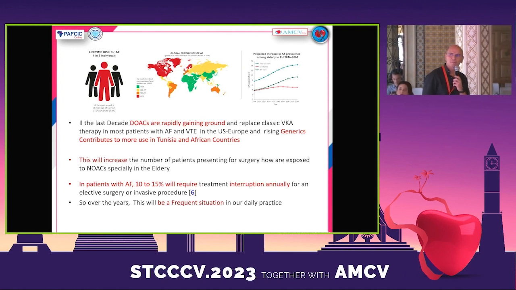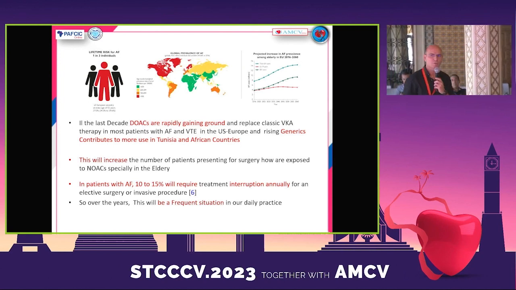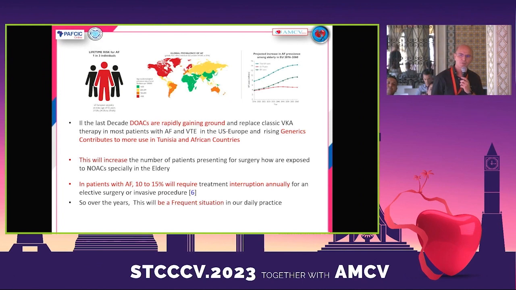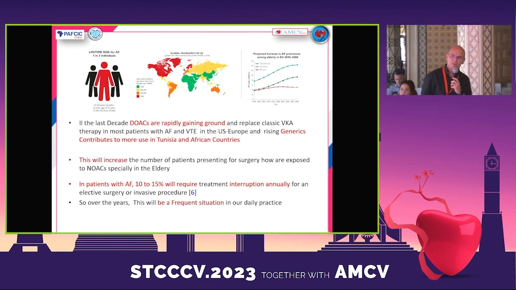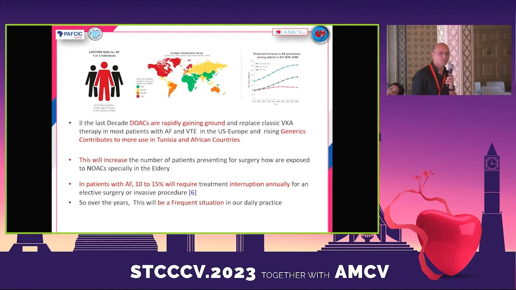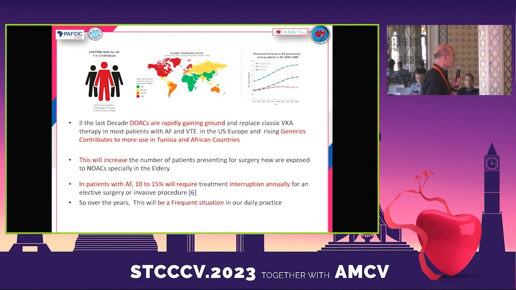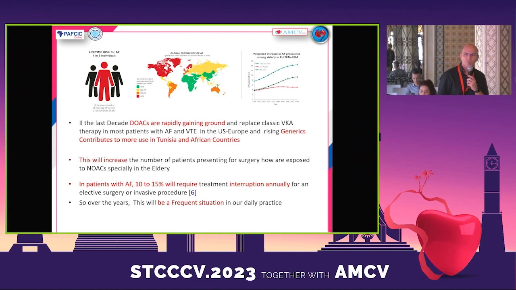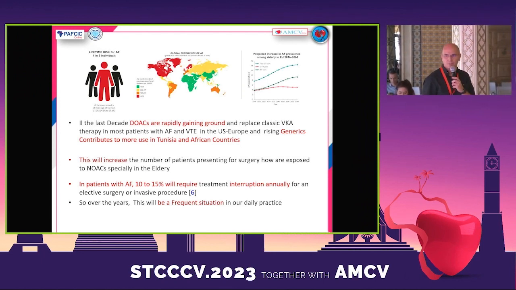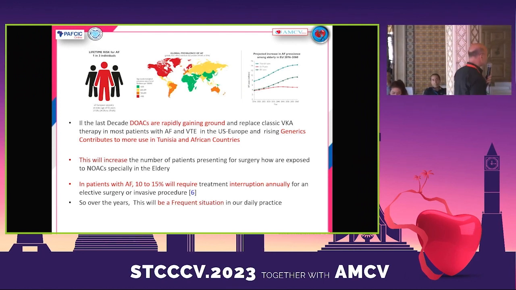This will increase the number of patients presenting to surgery who are exposed to NOACs. We estimate that between 10 and 15% of patients will require treatment interruption during the year with DOACs. So over the years, it will be a frequent situation to manage in our practice.